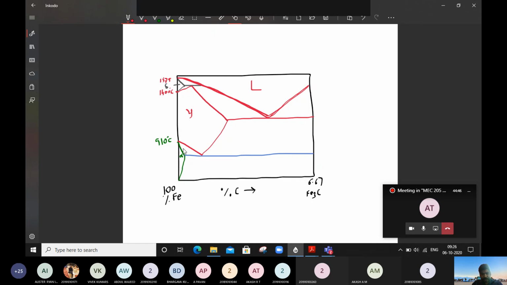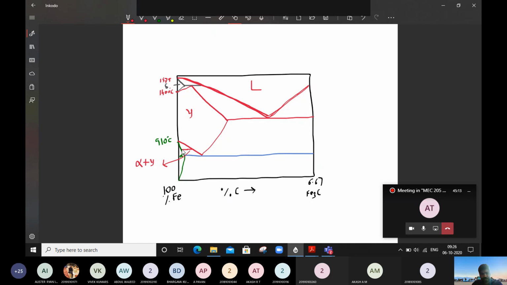Simply draw a horizontal line and see where it strikes.